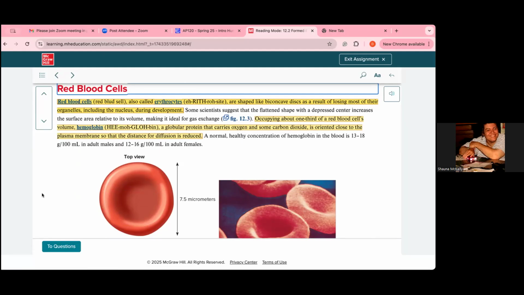Some scientists suggest that the flattened shape with a depressed center increases the surface area relative to its volume, making it ideal for gas exchange. So it's a biconcave disc. That's what they look like. They're biconcave discs. Okay.